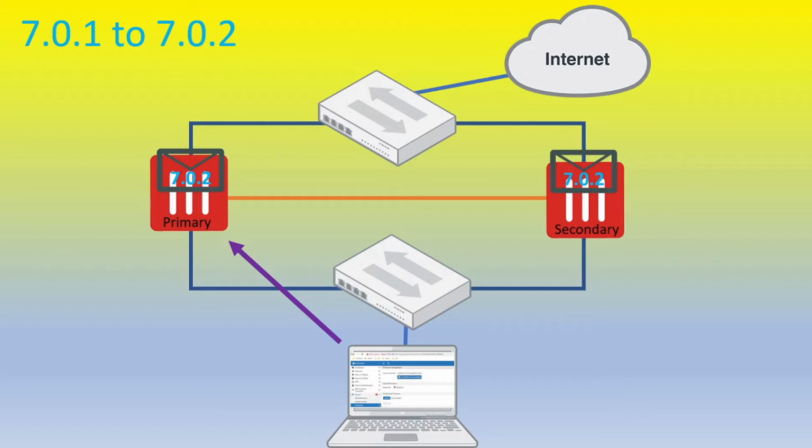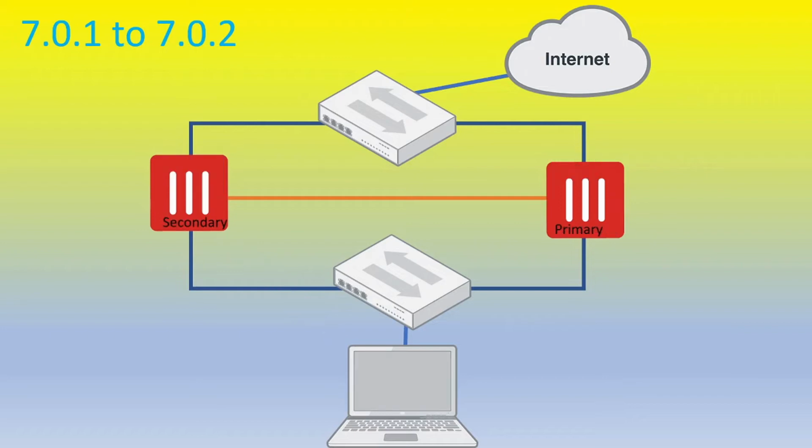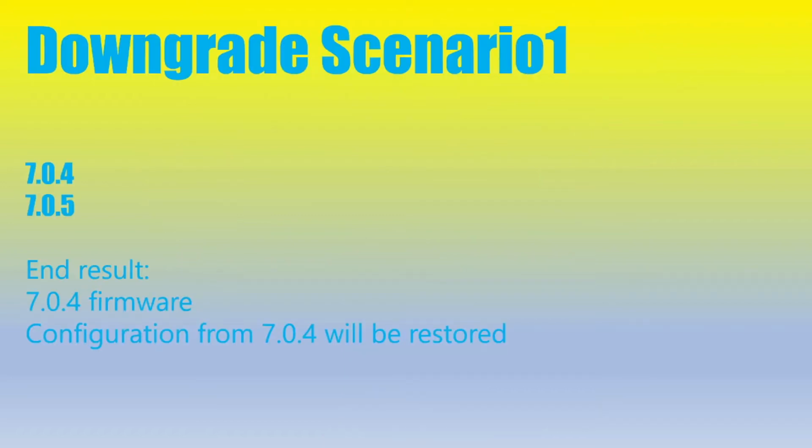While it's upgrading itself, it's going to reboot, and then expectedly the HA ownership is going to move over to the secondary unit, the previous secondary unit, which will now be the primary unit, so their roles will switch. This is typically how it's going to work if you have just a generic HA configuration, which will have override disabled.